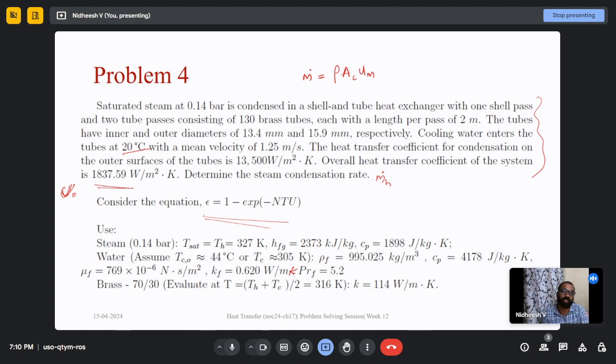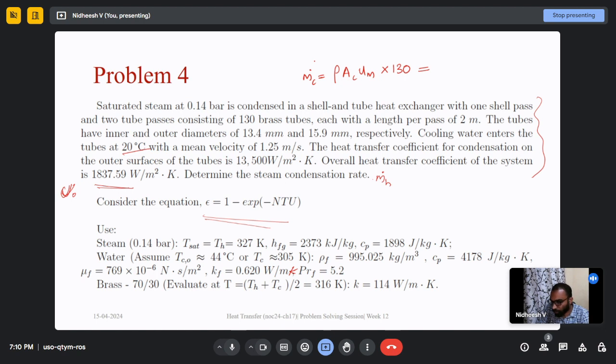This will give us the mass flow rate per tube, and there are 130 such tubes. Right? So if we evaluate that expression, we will get the mass flow rate of cold fluid.